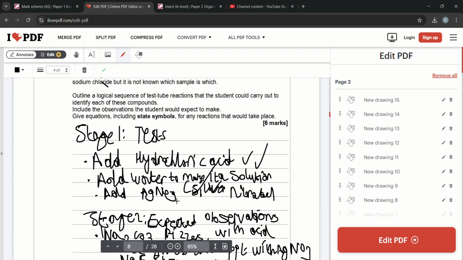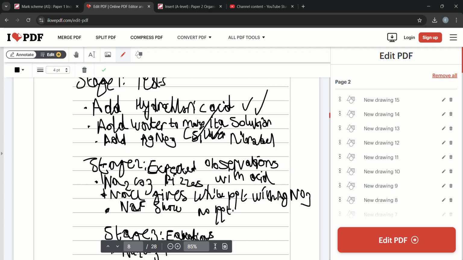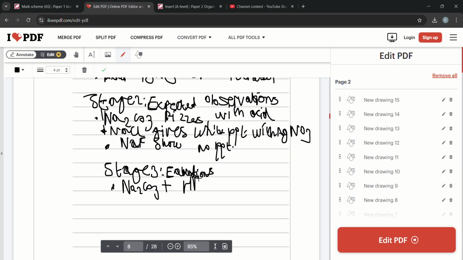Let's just say, instead of adding hydrochloric acid, let's say add HNO3. So add HNO3. What's going to happen? We're going to have NaNO3 plus CO2 plus H2O, and we've got 2 hydrogens here, so we're going to have a 2 here, and a 2 here.